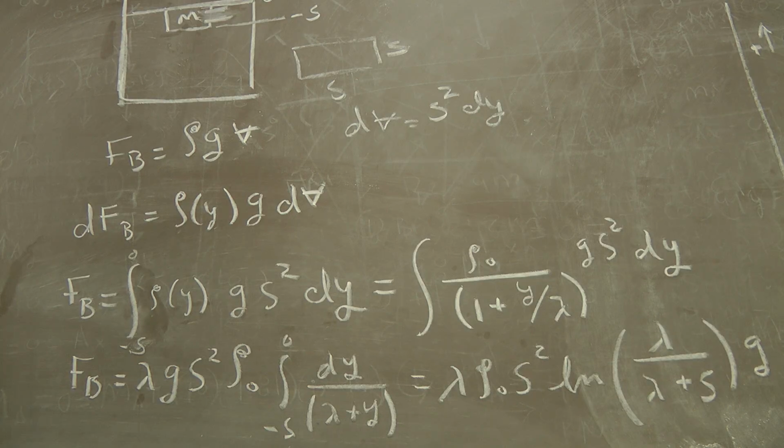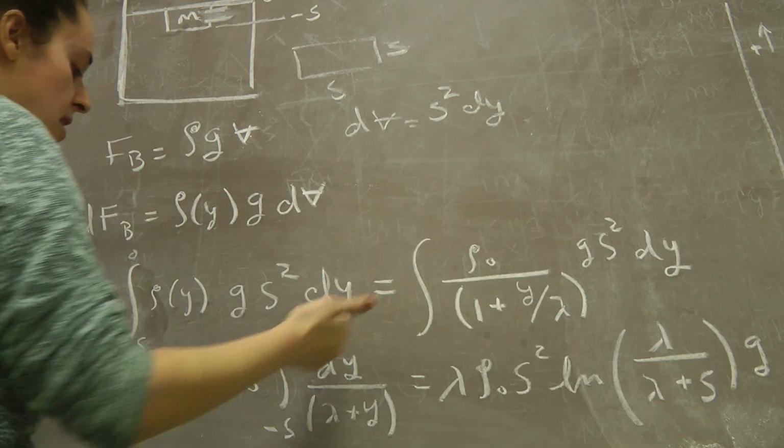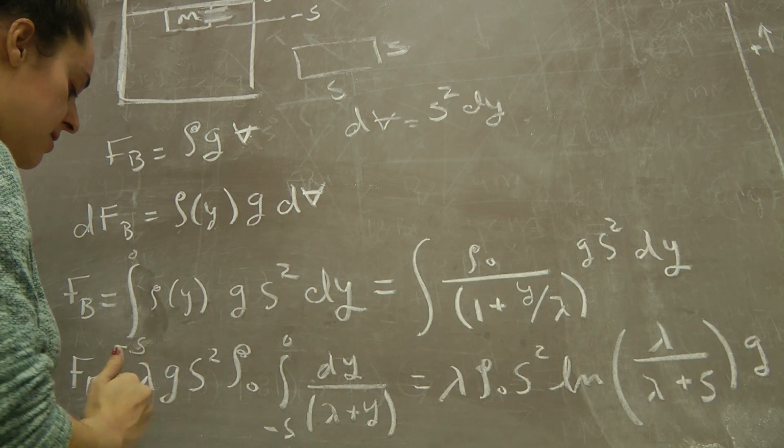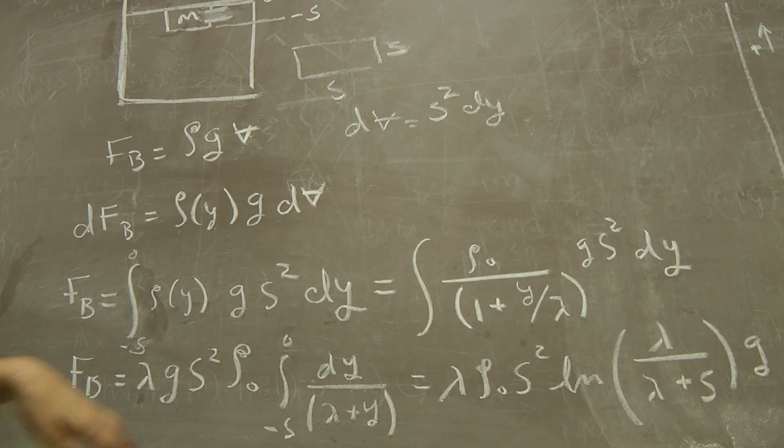You guys don't have to do that, just write it as is if you don't. But we pulled out everything: the g, S squared, and rho naught. I just fancied this up by pulling out a lambda and making this lambda plus y, over dy. And when we do that, we're going to go from 0 to negative s.